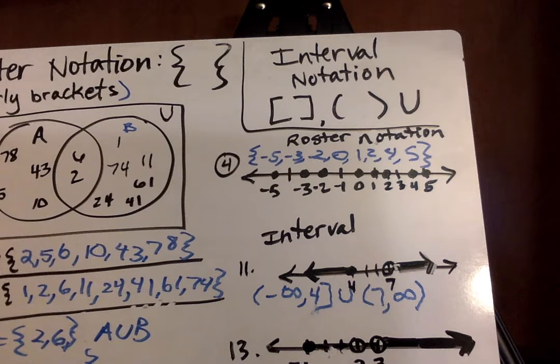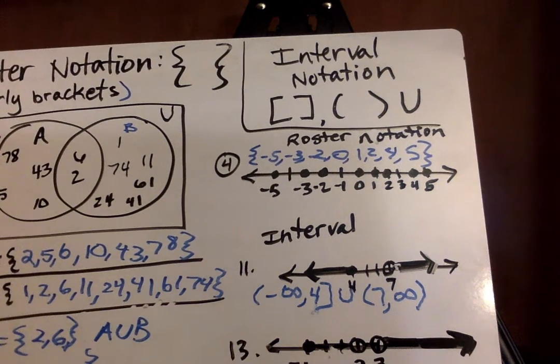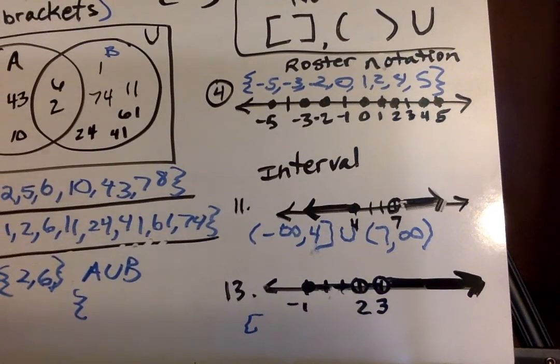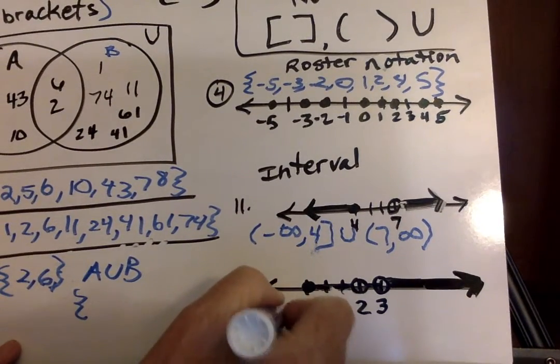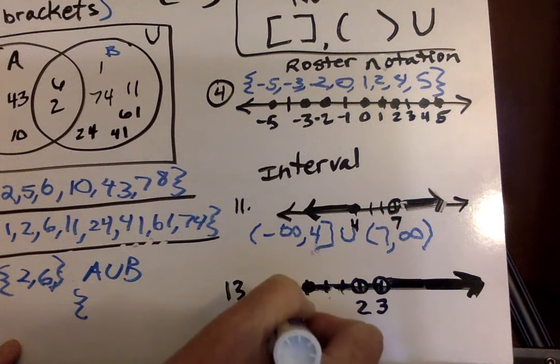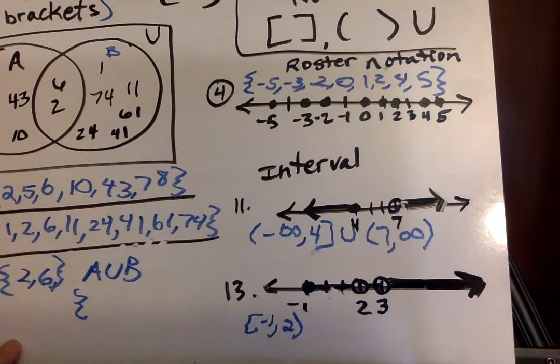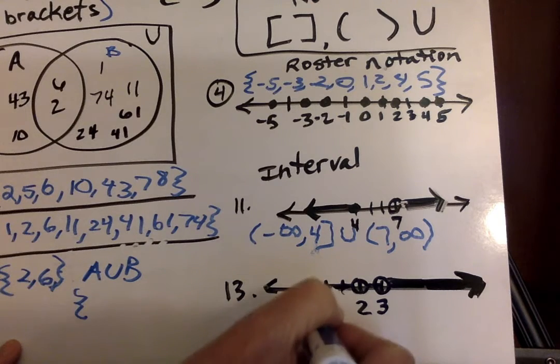Now we go on to number 13, and we start with -1 as the smallest one. Can you see that okay? So we go -1, and that goes up to 2, and we don't include 2, so that's a parenthesis. And then we unite that with the point.